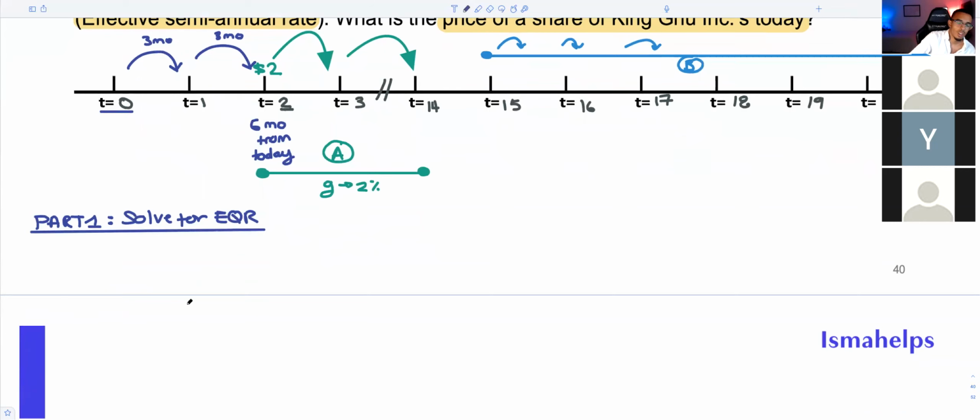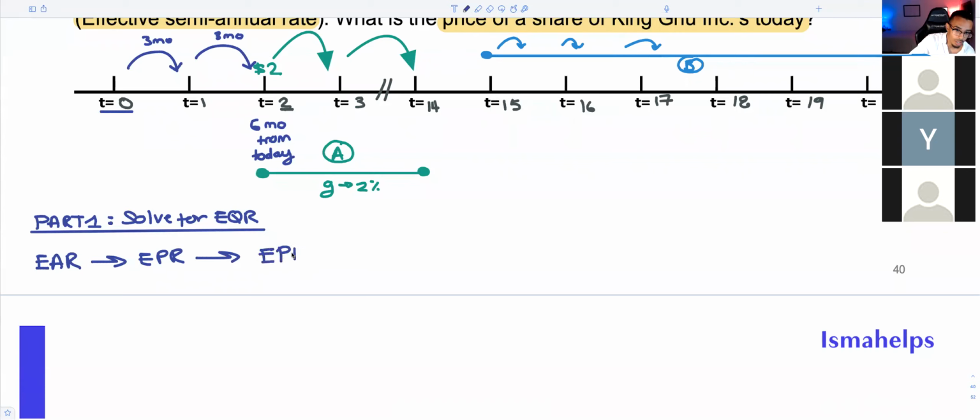Remember when we had our effective annual rate, and we were looking for an effective periodic rate, for X amount of time? It could have been for 5 years, could have been for 2 years, could have been for a lot of different things. And what we did is we used the following formula.